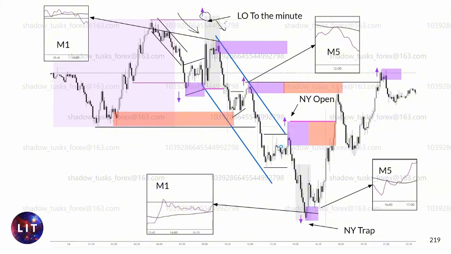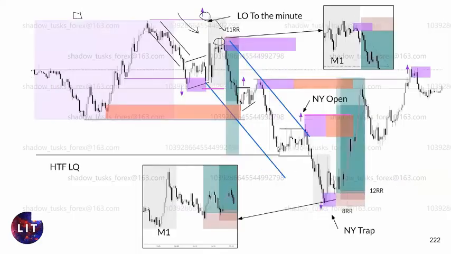After we've had our inducement, what do we look for first on the entry helper? Let then EDM, right? So at the end of London open, we get this let that mitigates this M1 POI. And to be safe, I would put my SL above here, but if you want to be aggressive, you can obviously put your SL there.